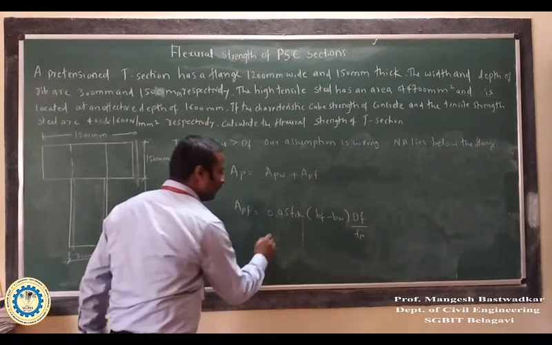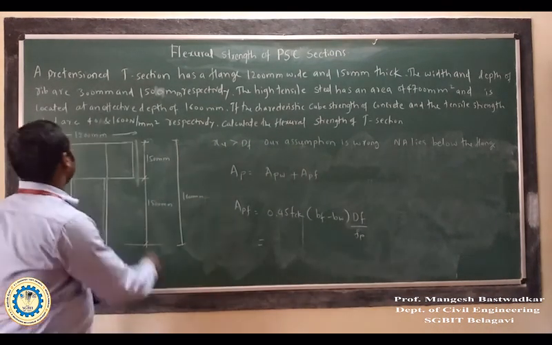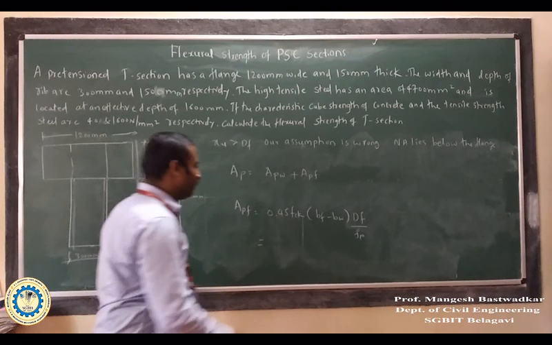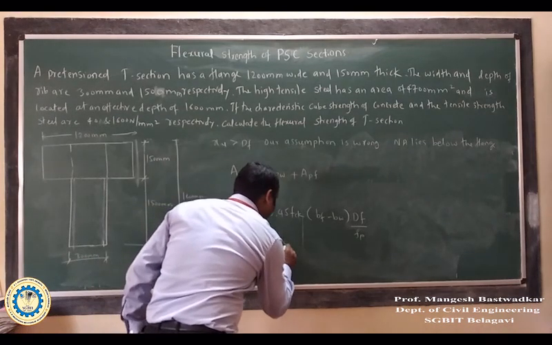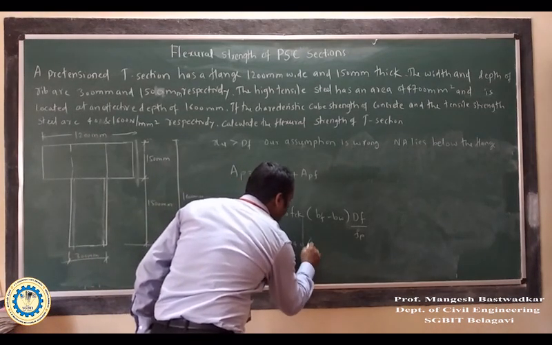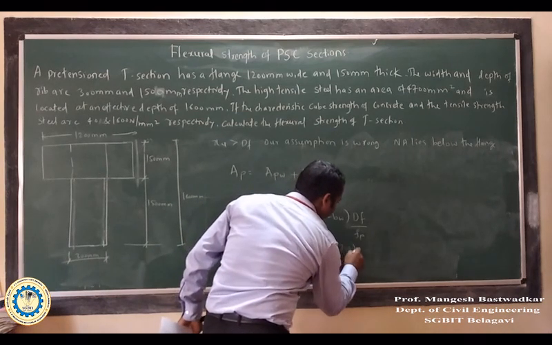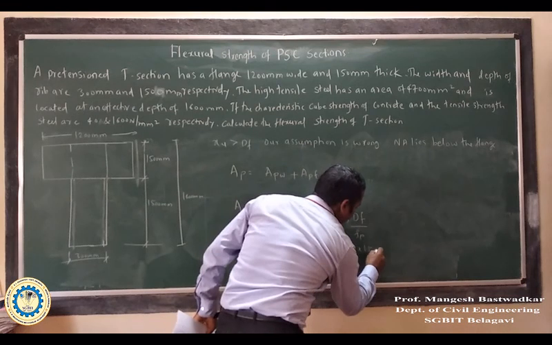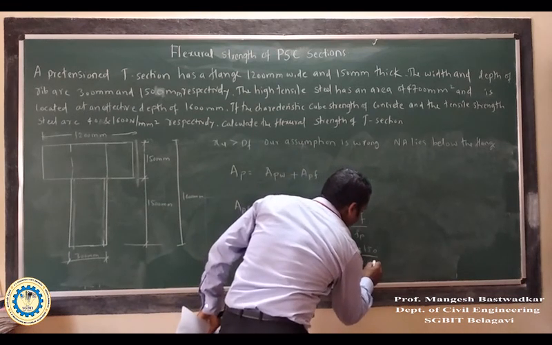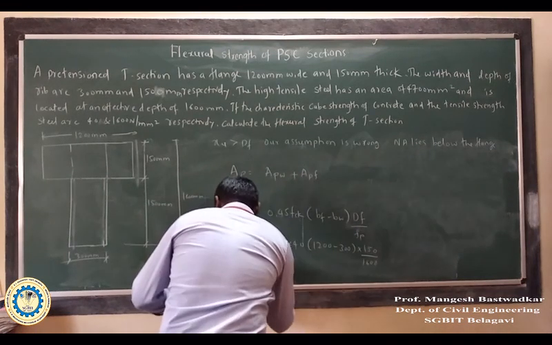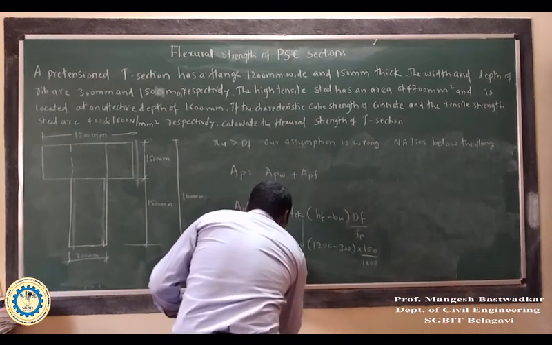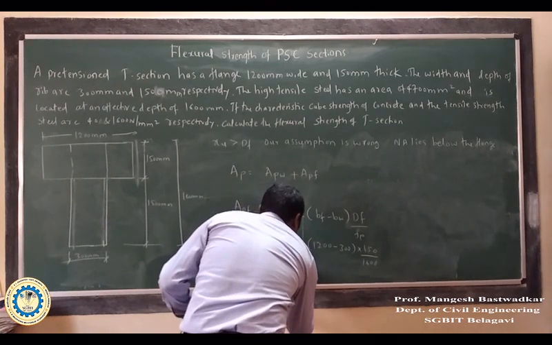You will get the area of pre-stressing steel in the flange portion. So we substitute the values: 0.45 into 40 into width of the flange 1200 minus width of the rib 300, depth of the flange 150, divided by FP 1600. So you will get 1518 mm square.